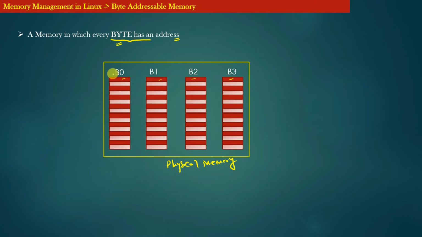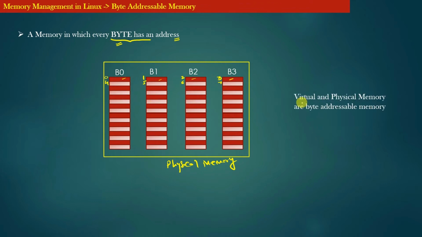So if the starting address of byte 0 of the physical memory is, say, 0, then the address of the next byte will be 1. The address of the next byte will be 2 and so on. So every byte of the physical memory has an address, and therefore physical memory is called byte addressable memory.